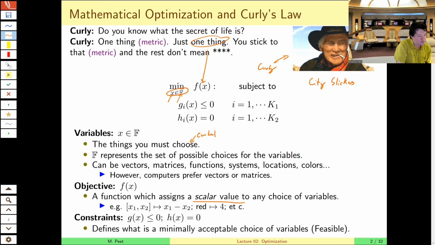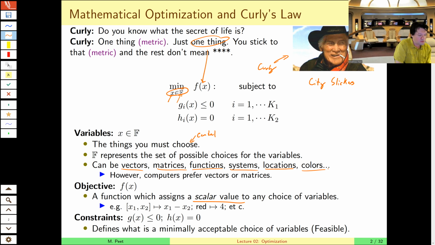Now, it doesn't need to be numbers, right? Ultimately we would like to come back to numbers, but we can think of these variables as vectors, as matrices, functions, systems themselves, dynamics, locations, directions. They can be binary or discrete choices like colors. What color you want to paint your room, for example.